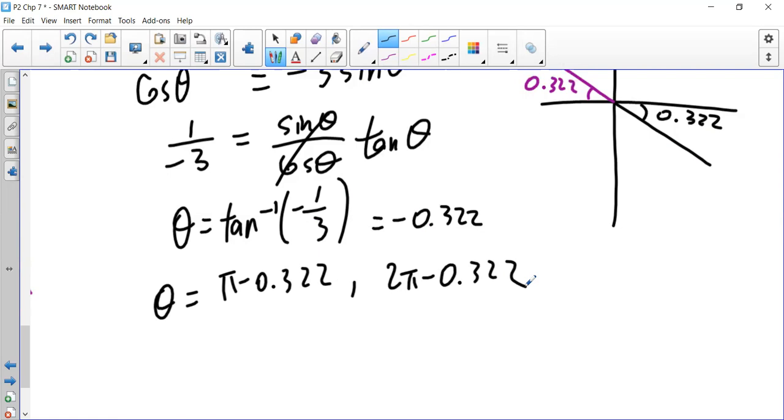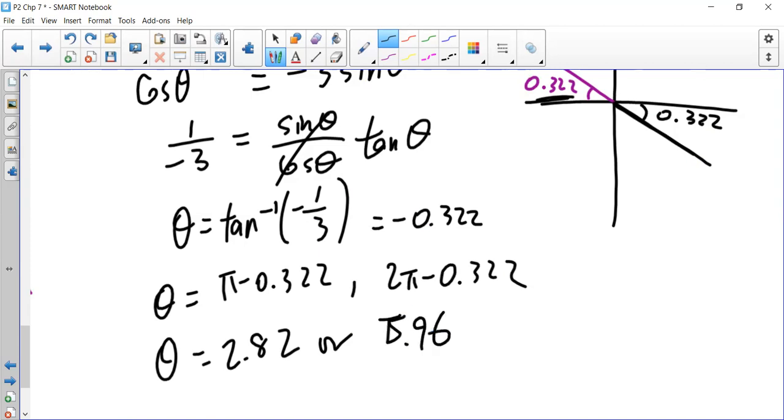You would do 180 degrees minus that angle to find the purple answer, and for the other black line, you do 360 minus it. Therefore, theta equals pi minus 0.322, which is 2.82, or 2 pi minus 0.322, which is 5.96. Those are the two solutions.